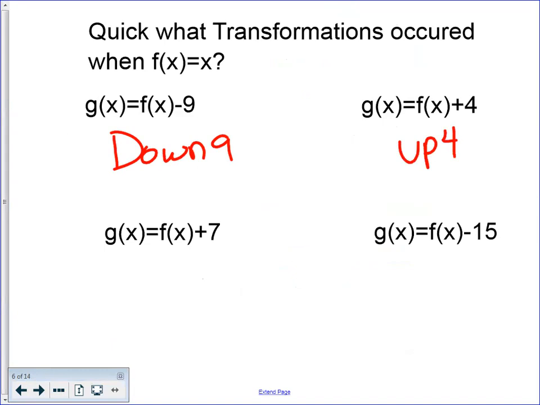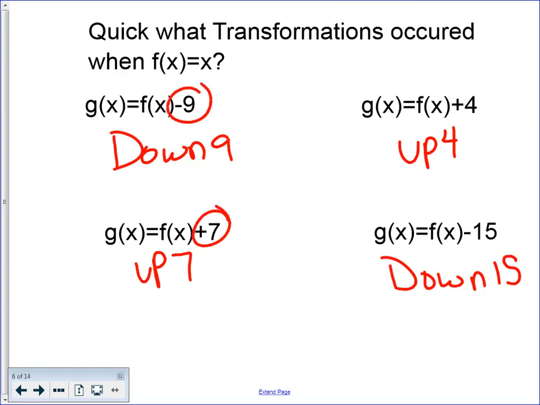All right, for the next one, f of x plus 7 would be up 7, and f of x minus 15 is going to be down 15. All I'm looking at again is this number right here. If it's negative, I'm going down. If it's positive, I'm going up.